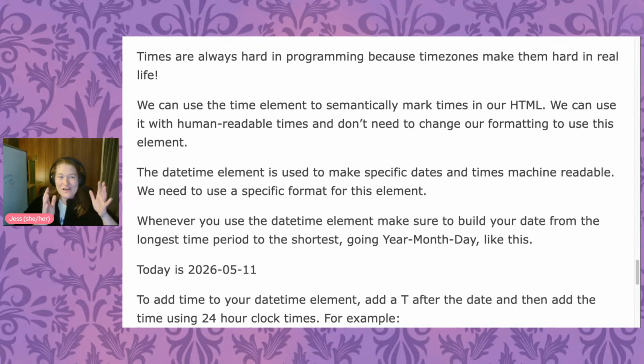So the standard convention in the US is to write month, day, year. So today would be 5/11/2026, whereas here in the UK, it is 11/5/2026.